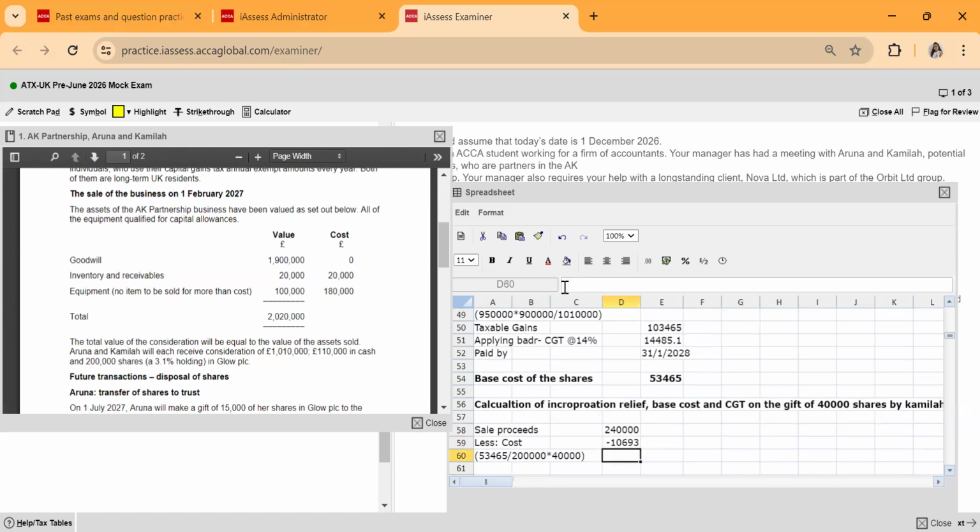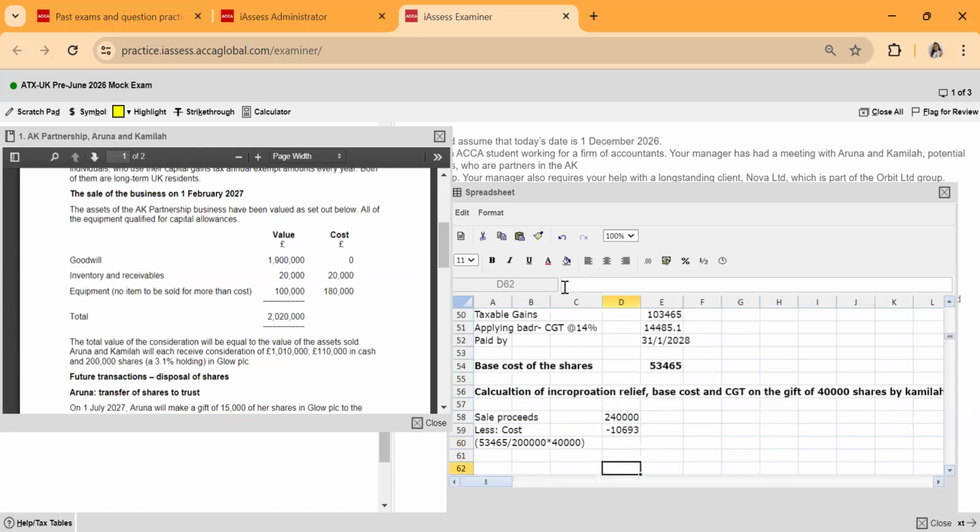So we get a cost of only 10,693. Now calculate the chargeable gain: we get 229,307. Now comes the question: what is the tax rate we should apply? When we transfer only these shares, no BADR is applicable because it does not meet the 5% criteria either.